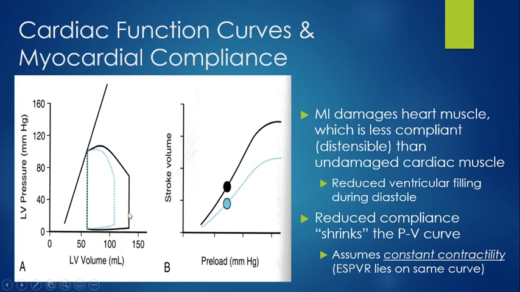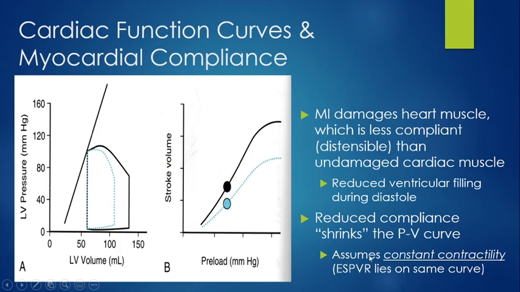We can see this whole loop from C to D to E to F is going to shrink. Ultimately, stroke volume decreases because of that reduction in end diastolic volume, because of that decreased compliance.